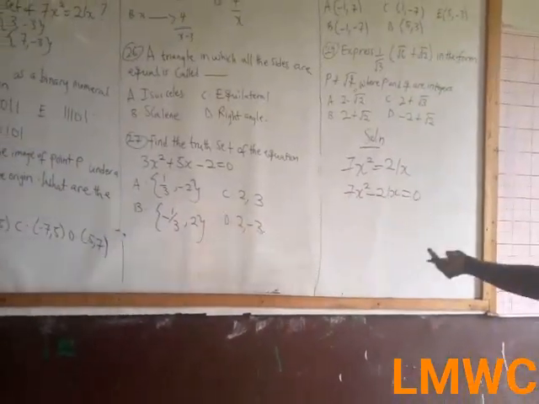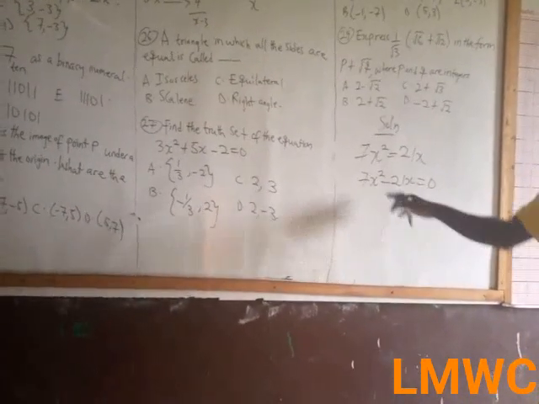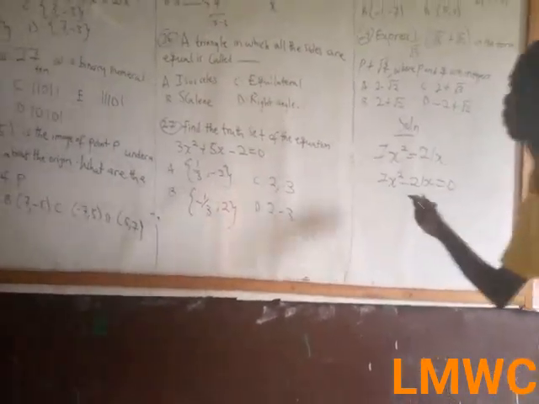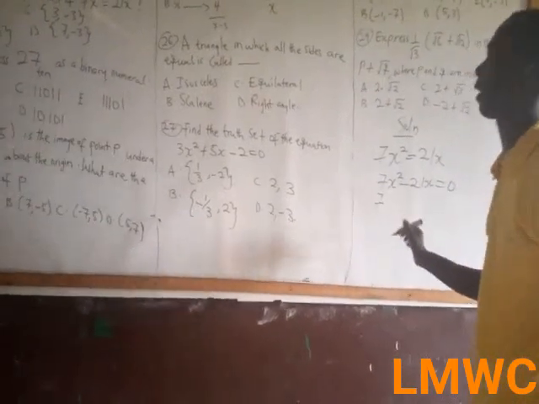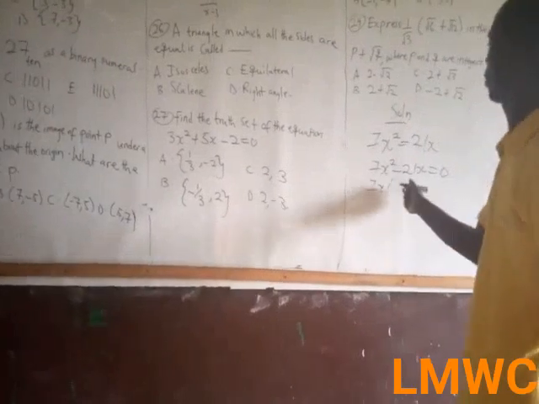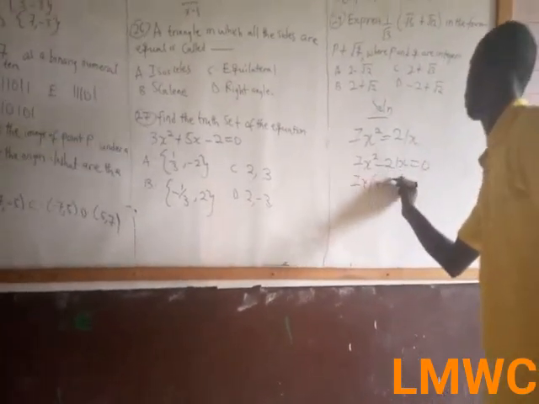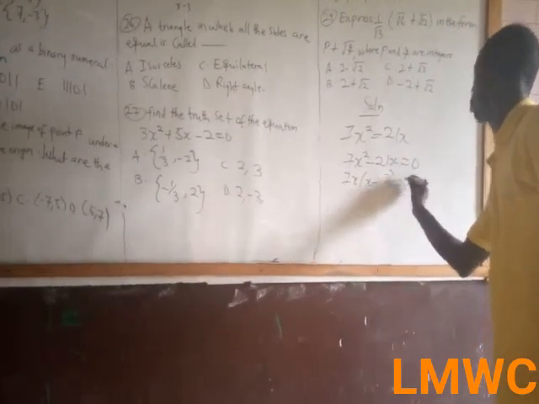We want to find x. Now you factorize. What is the common factor and the common variable here? We have 7 as the common factor and x as the variable. It's left with x here, minus, 7 goes into 21 three times, equal to 0.